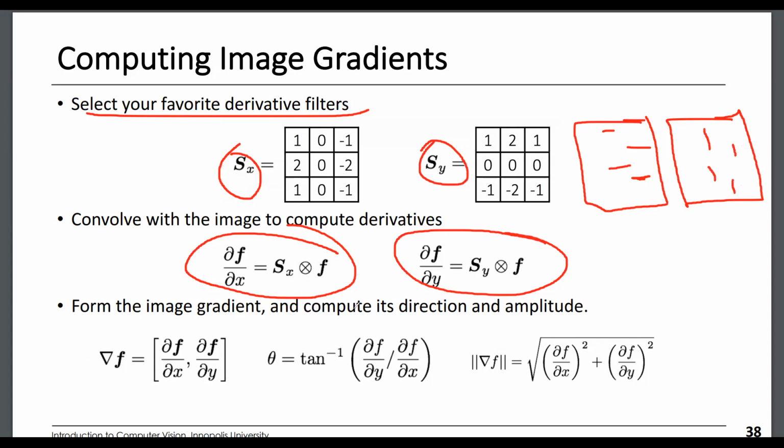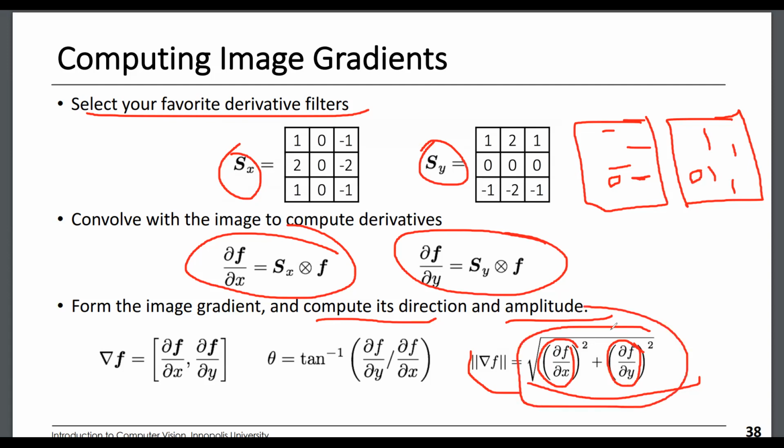Then we combine these two and compute the direction and amplitude of the gradients. The amplitude is a very easy calculation: the square of the value of the pixel in here, plus the square of the value of the pixel in here, and then we put them through a square root. So this is basic.